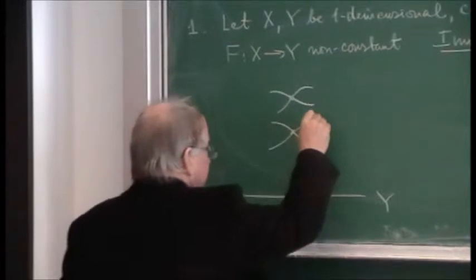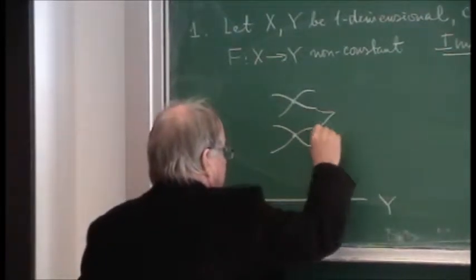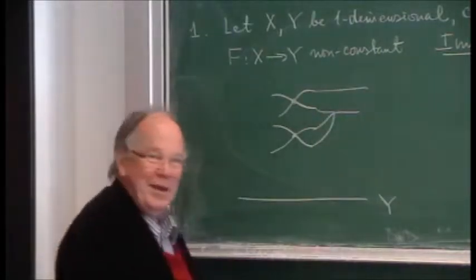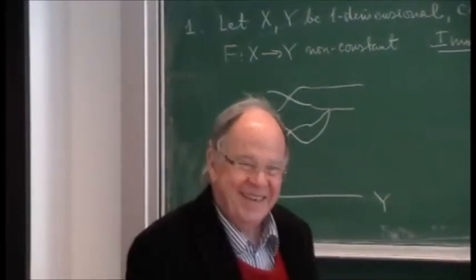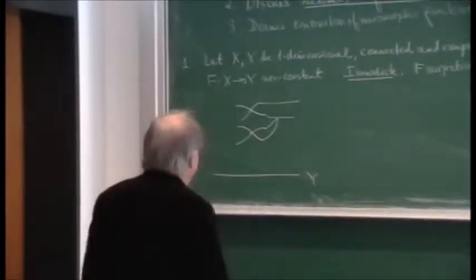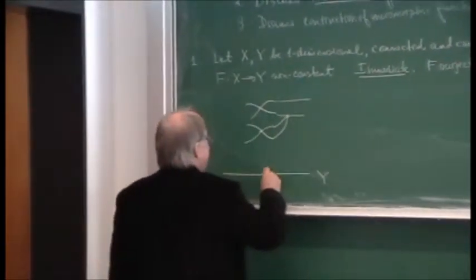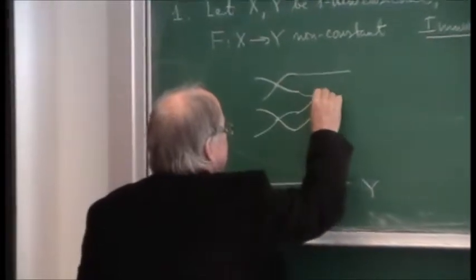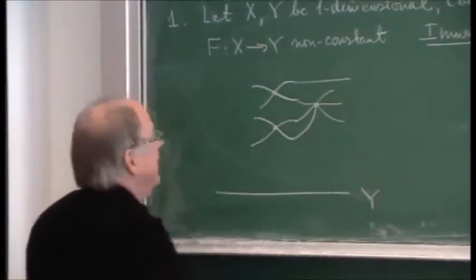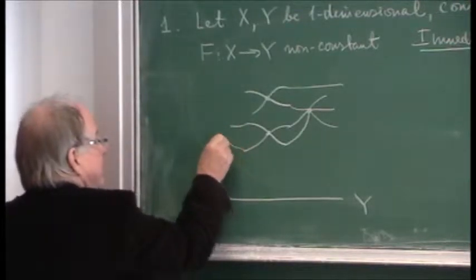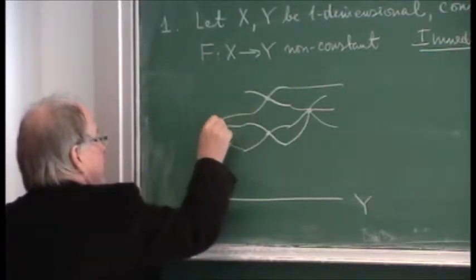I never know whether my pictures exist or not. You noticed yesterday I drew a picture that didn't exist. So this could possibly be a ramification like this. Let's make all 4 of these things come together here.